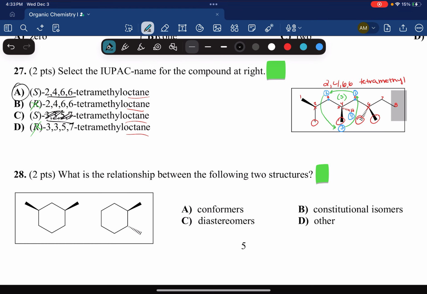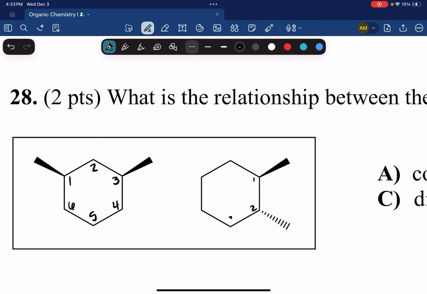Okay, relationship between the 2 following structures. 1, 2, 3, 4, 5, 6. 1, 2. Lowest possible numbering scheme. I just went ahead and jumped the gun and did it. So this is a 1,3-dimethylcyclohexane.